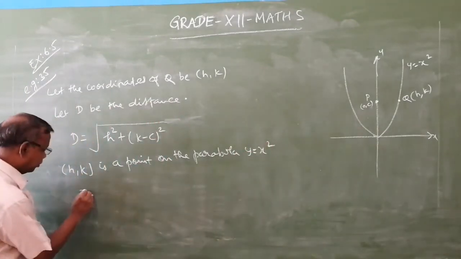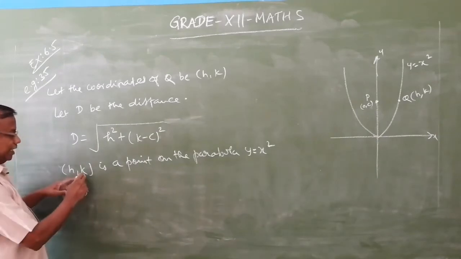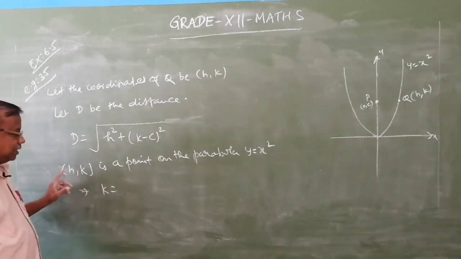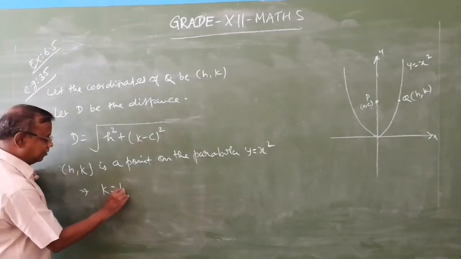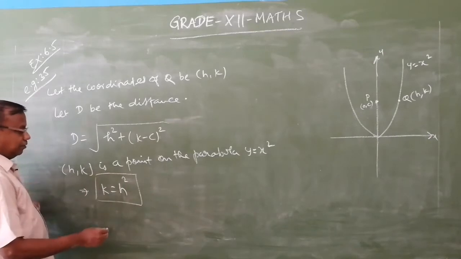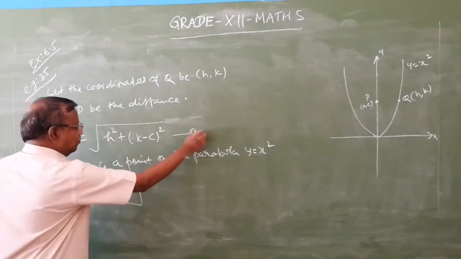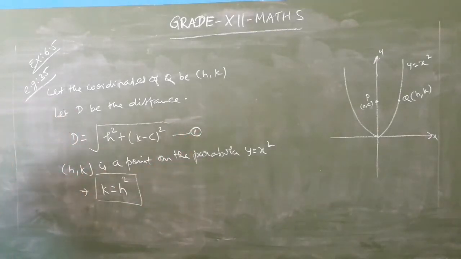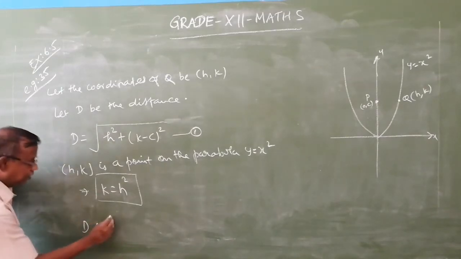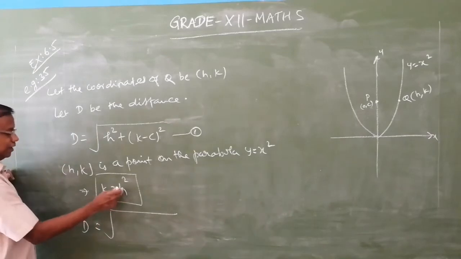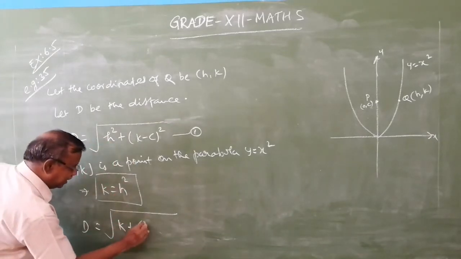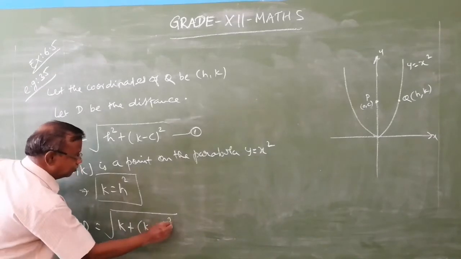So at that point we have, instead of y, k, and instead of x square, h. So k equal to h square. Now substituting this in this first equation, d equal to root of, instead of h square put k, plus (k minus c) the whole square.